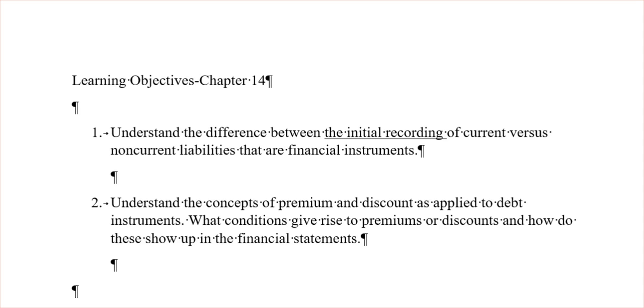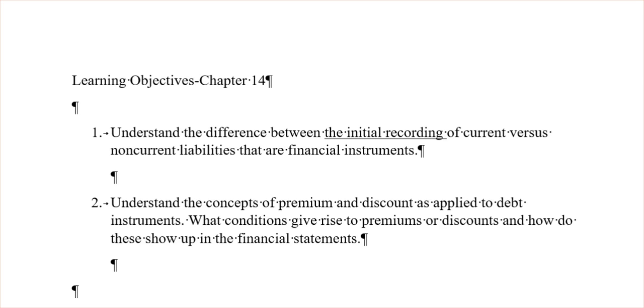But important here is the amount at which we record our liabilities. In our previous chapter, we found that generally we are going to record current liabilities at the maturity value. That is to say, the amount we expect to be paying back in the future.